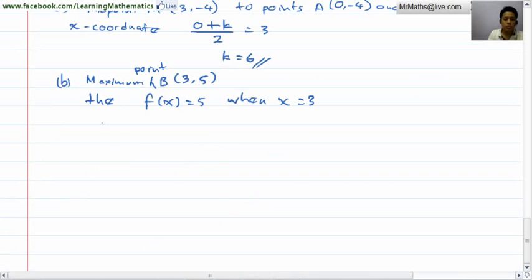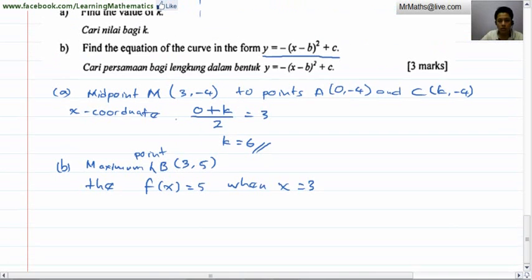So when f(x) is 5, which means, let me just put the equation here so that I can see it clearly. Okay, if you want to write the answer, you need to make sure that you communicate well with the examiner so that you can get the maximum marks available. So you need to be really cautious here.